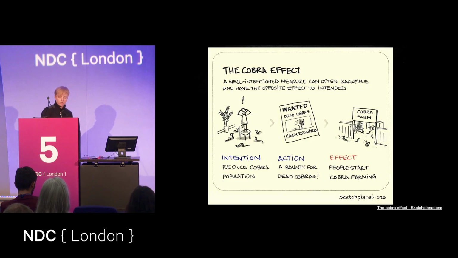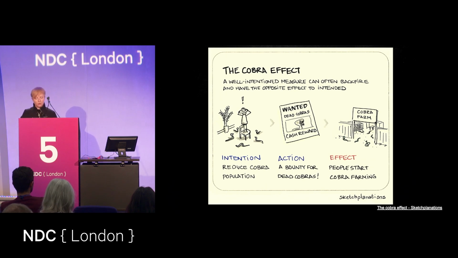So just don't get into what is called the Cobra effect. And actually, this is a quite old story that goes something like that. Back in the colony in India, the British rulers decided that there are too many snakes around, the cobras specifically. So what they did, they said that for every dead cobra, they're going to pay money. And it turns out that they started to receive a lot of cobras.